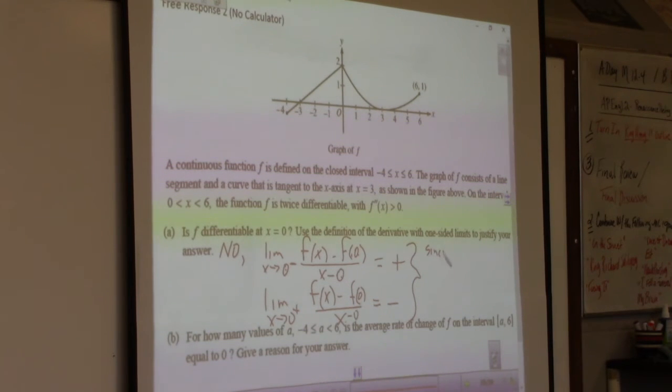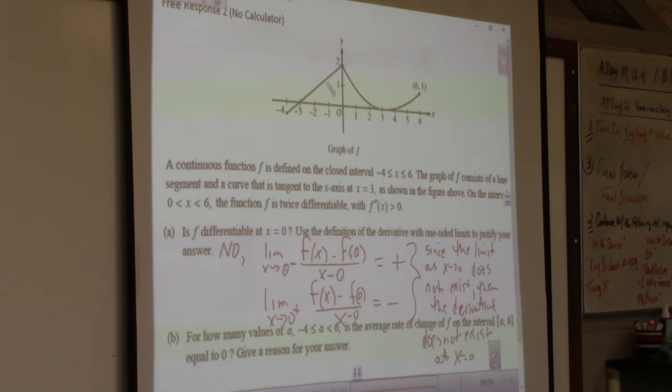So, since the limit as x approaches 0 does not exist, then the derivative does not exist at x equals 0.